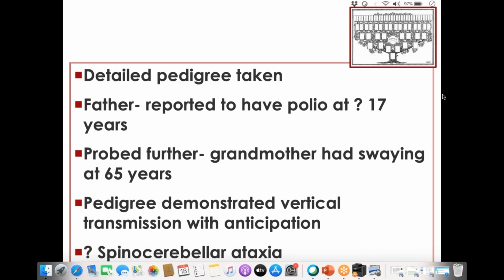There is an answer coming, and let's see who it is. Polio occurs earlier, that's right. Harsh has written that. And, ma'am, it could have been a misdiagnosis. Yes, it was definitely a misdiagnosis. So the answers are correct, but let's go ahead and see.